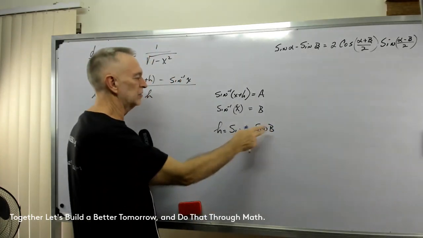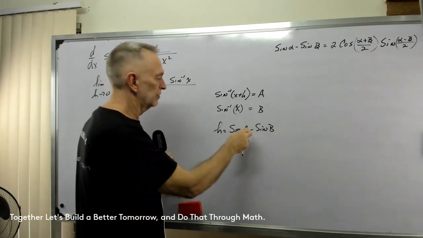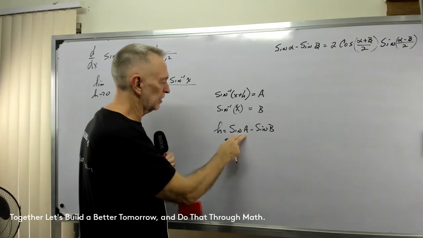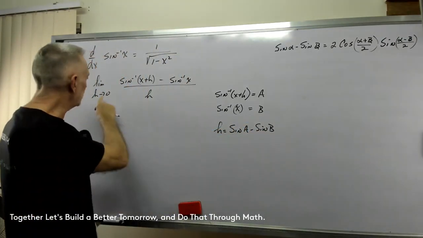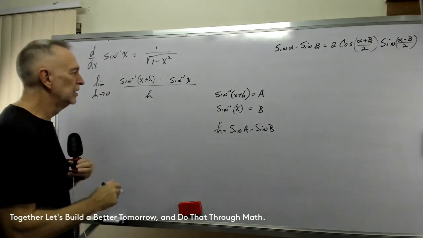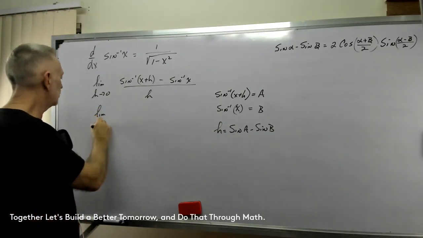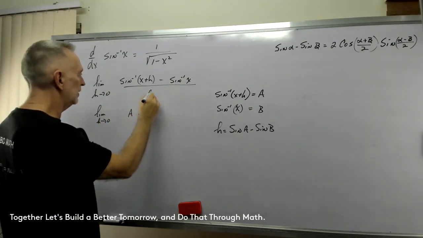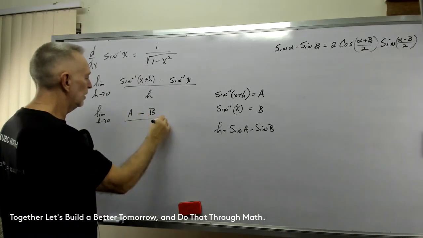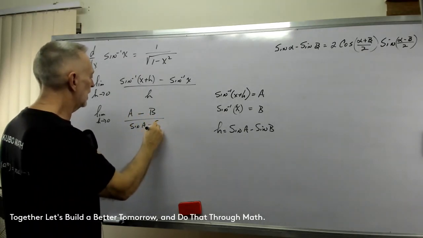Because if a is approaching b, it'd be sine b minus sine b, so they would be approaching 0. So that would satisfy this condition. All right, let's rewrite that. So now we have the limit as h approaches 0 of a minus b over sine a minus sine b.